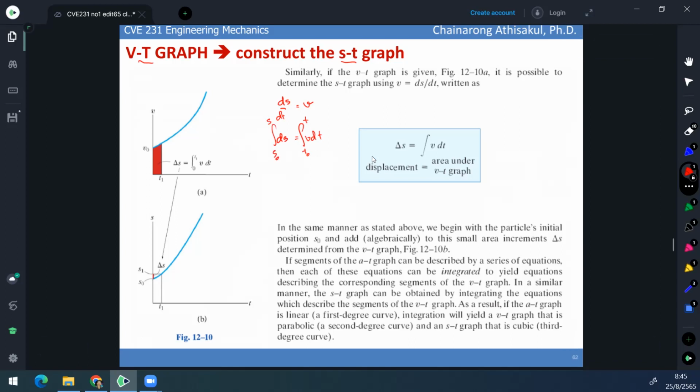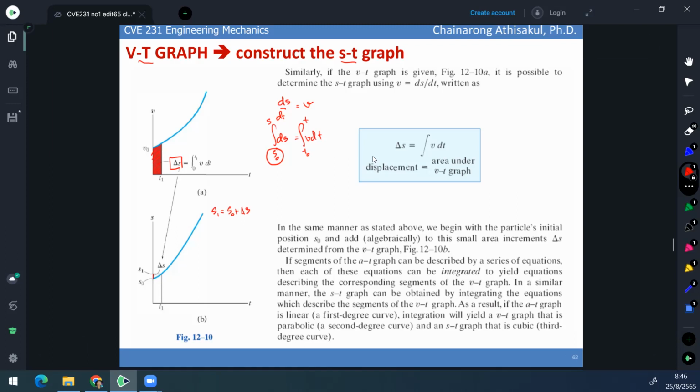This means that if we know the initial position, we can construct the s-t graph from the v-t graph by determining the area under the v-t graph, and it becomes the change in position, delta s. And if we know the initial position, we can determine s1, that is s0 plus delta s. That means that we can construct the s-t graph from the v-t graph this way.